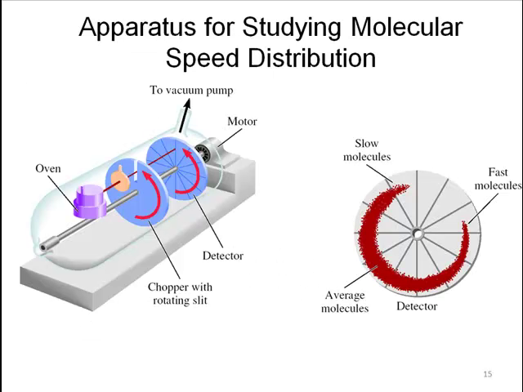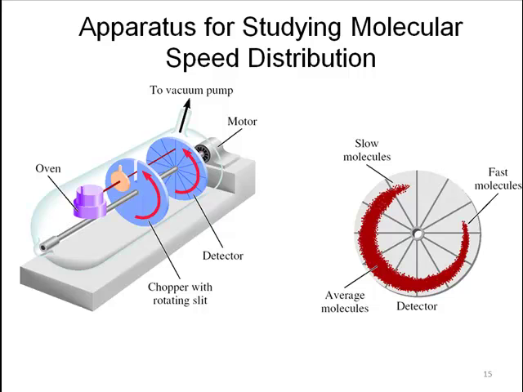Now, if we're trying to study the speed at which molecules move, this here is an apparatus, heating up a sample of gas. As the sample of gas goes through, there is a chopper with a rotating slit that allows the gas molecules to move through here. Then it's able to detect these molecules. As this object is continuously spinning, you can get a distribution of the slow molecules versus the fast molecules.